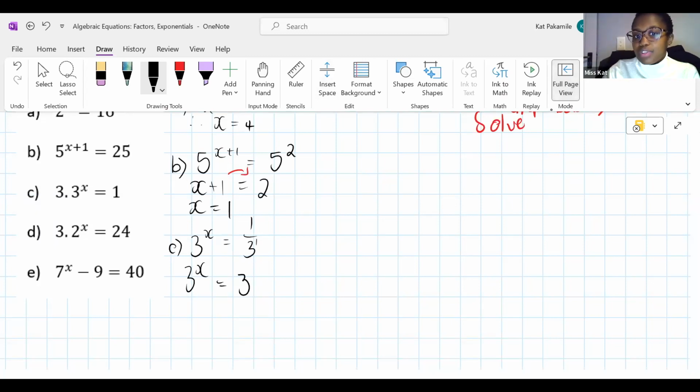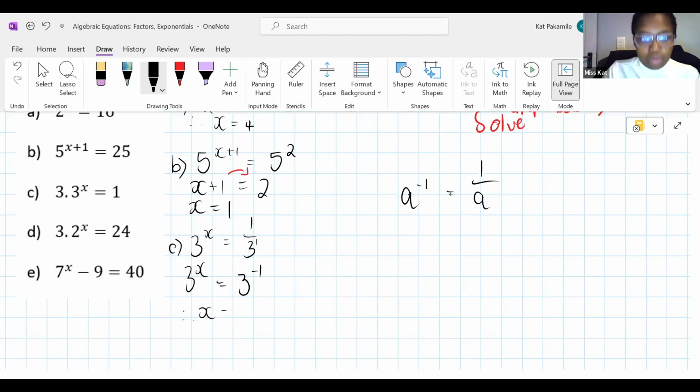Do you remember that rule? If you have a to the power of negative 1, this can be written as 1 over a. Now we're going backwards. We went from 1 over a, so we can rewrite it as 3 to the power of what? 3 to the power of negative 1. There we go. Therefore, x is how much? x is equal to negative 1.